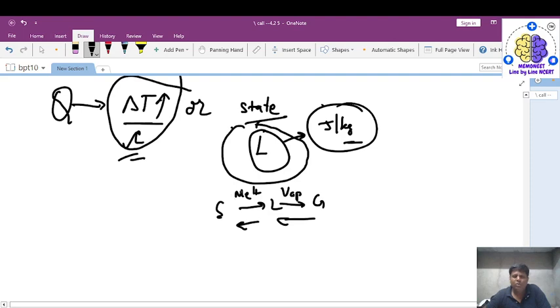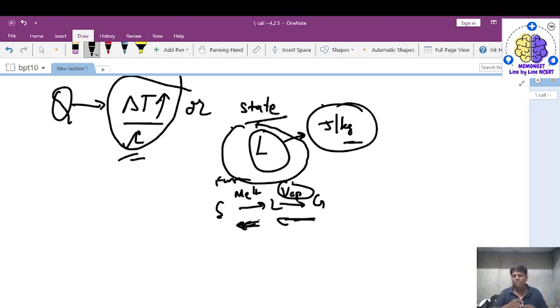Gas to liquid is known as condensation, and liquid to solid is known as solidification. So this latent heat can be named as latent heat of fusion, latent heat of melting, latent heat of vaporization, latent heat of condensation, latent heat of solidification. So it's simply the name.